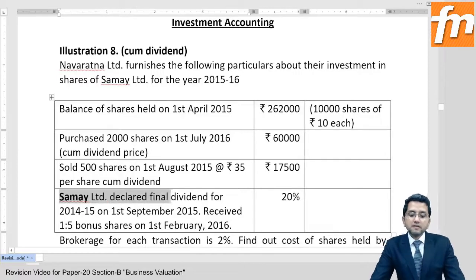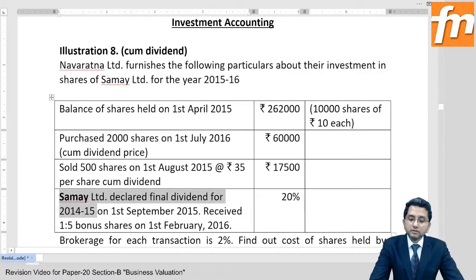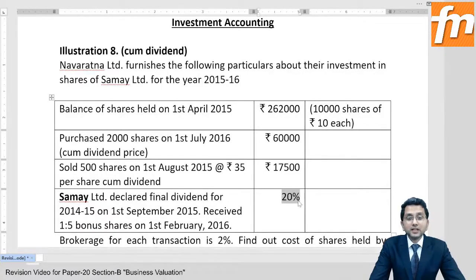CMA Limited declared a final dividend for year 2014-15 on 1st of September 2015, and the rate of dividend is 20%. Do you know the formula for dividend rate? There is a difference between dividend rate and dividend yield. Dividend rate is dividend per share divided by face value, expressed as a percentage of face value.